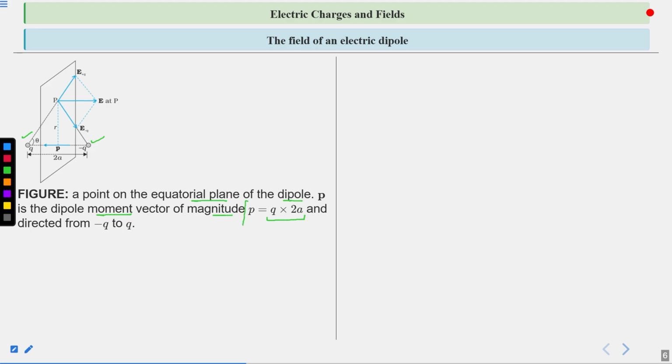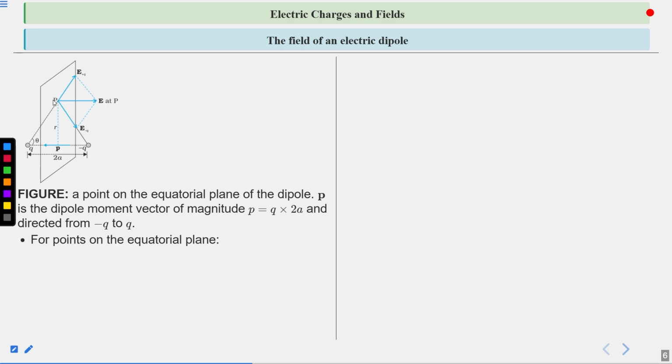This is the dipole moment, and the formula is charge into the distance between the charges, that is 2a, directed from minus Q to plus Q. Here is an important question: what will be the direction? It will be from minus Q to plus Q.